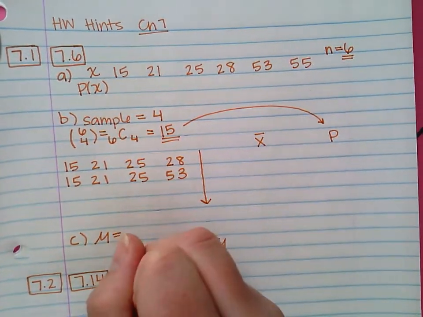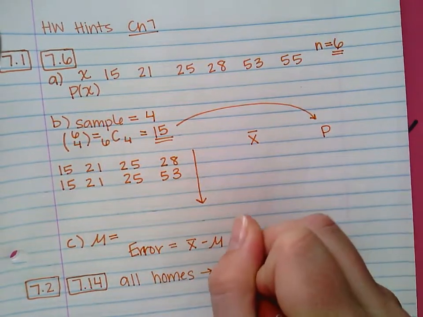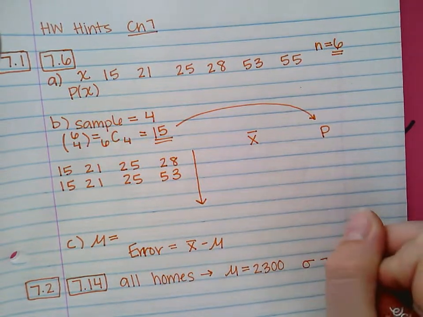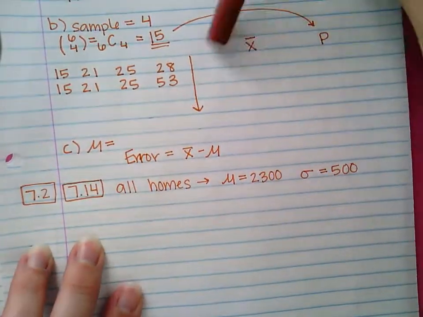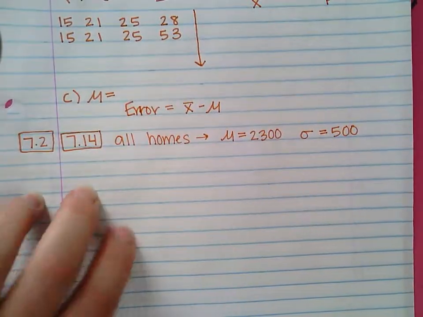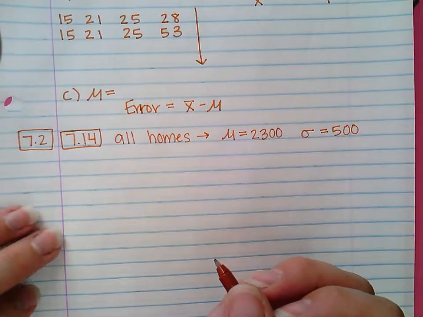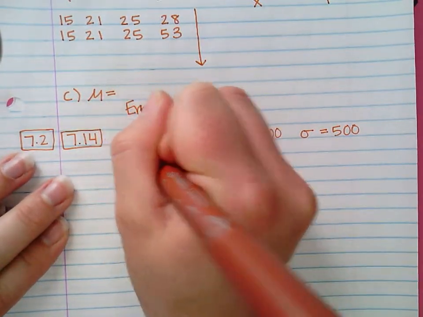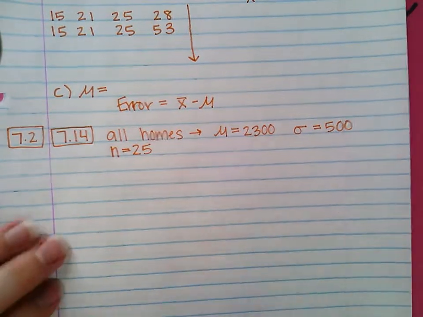So since this is all homes, I know that that's a population mean of 2,300 square feet and a population standard deviation of 500. It then says, let X bar be the mean living space for a random sample of 25 homes selected from this city. So n is 25 here, and it wants to know the mean and standard deviation of X bar.